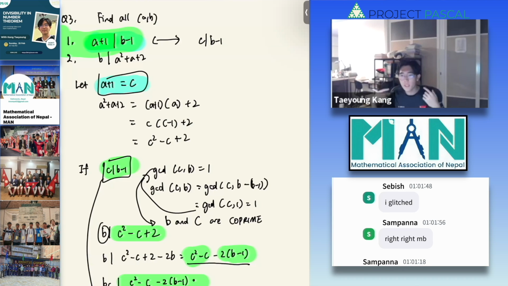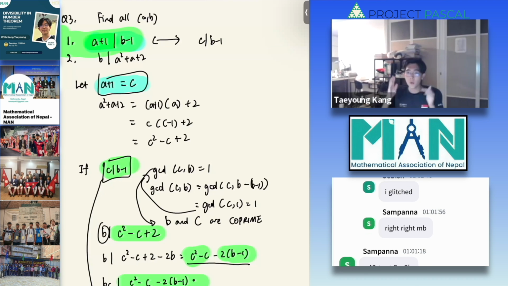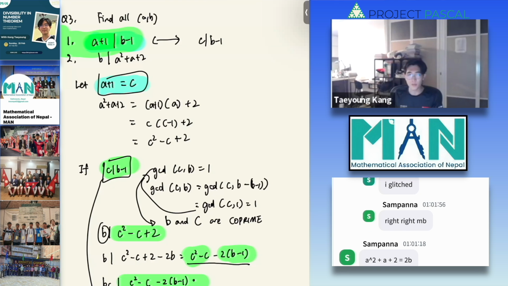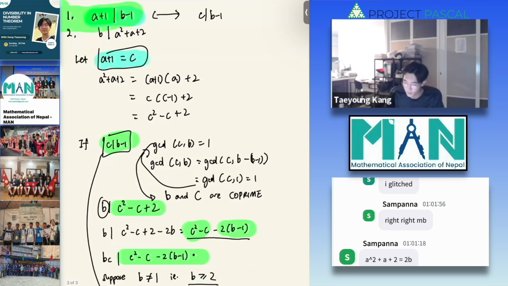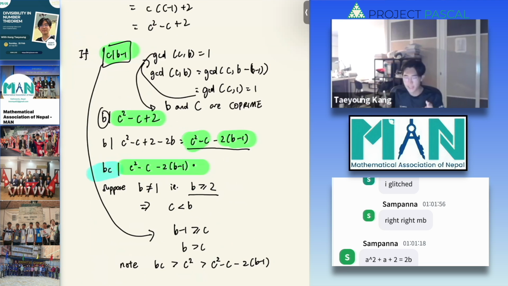So notice that in divisibility questions, the coprime condition is very useful because making something coprime allows us to do stuff like this, where we can easily manipulate the left-hand side of the divisibility sign.